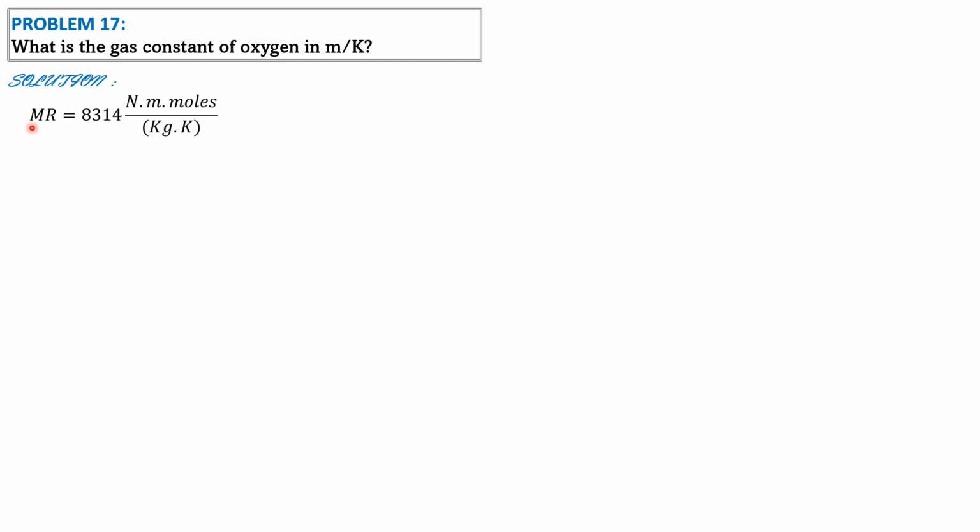The molecular mass of oxygen gas, there are 2 atoms, so 16 times 2. So 16 times 2 is 32 moles. Oxygen is 16. Then there are 2 atoms, so 32 moles.